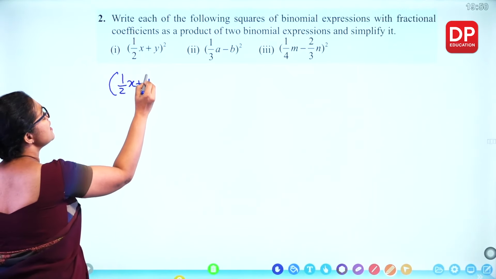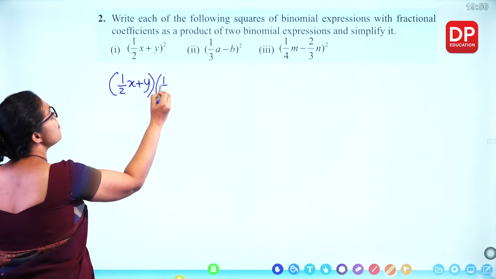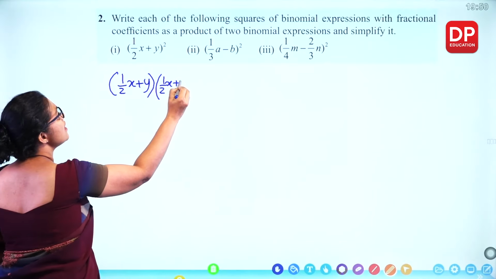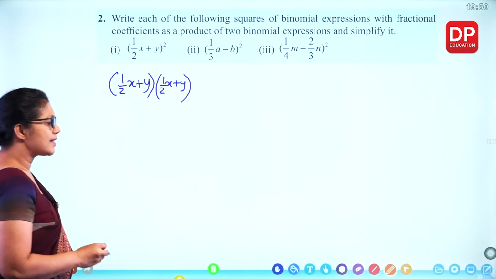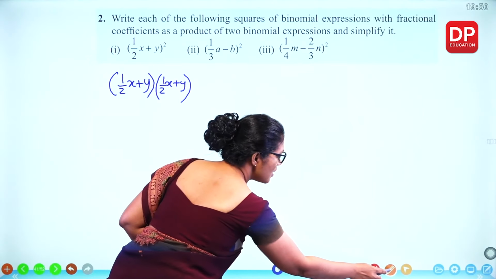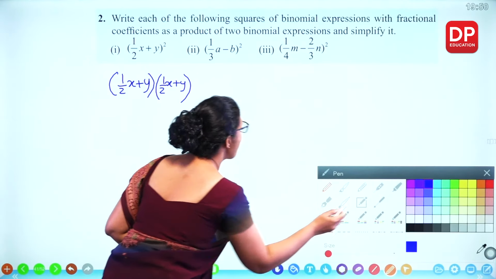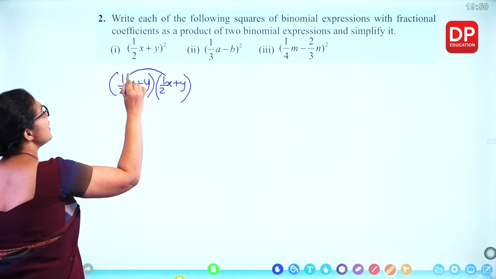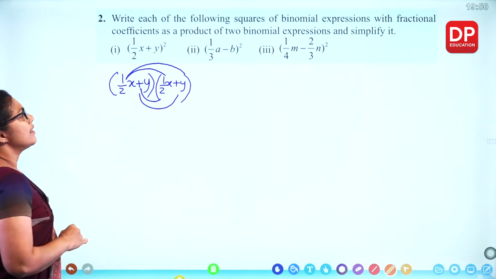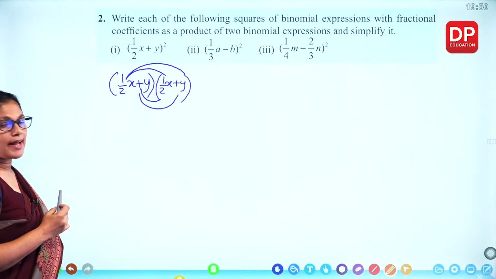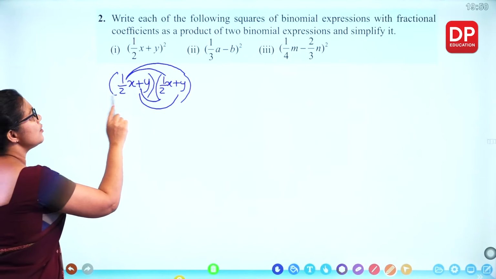So this means you are multiplying the same expression twice. So how do you do something like this? You can use the rainbow method.